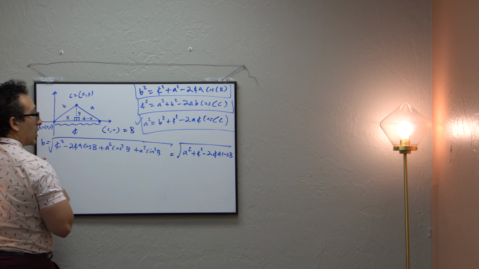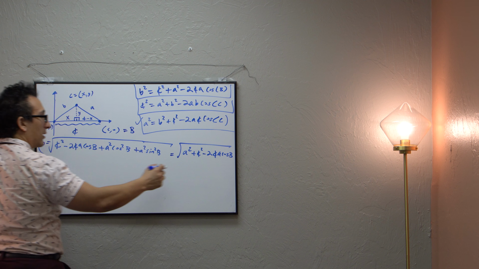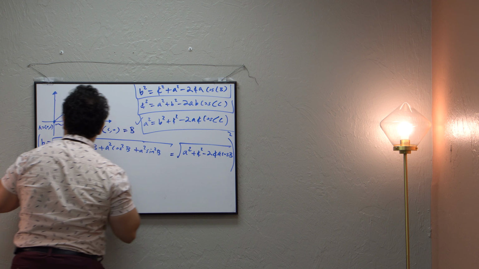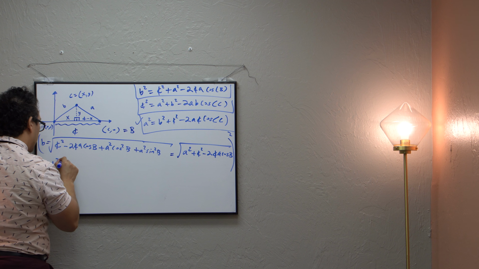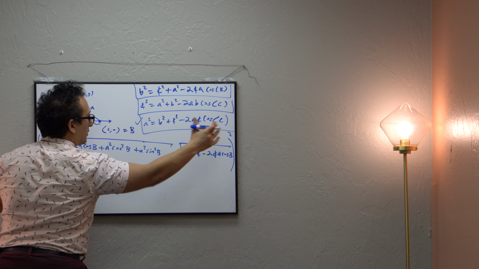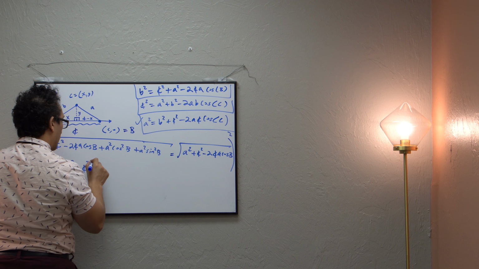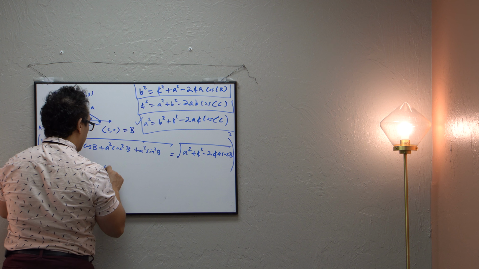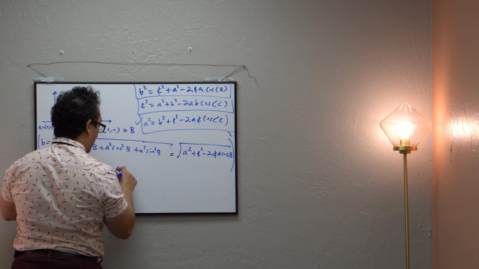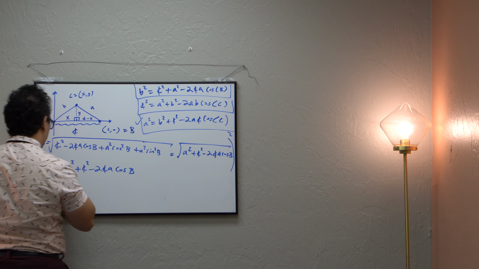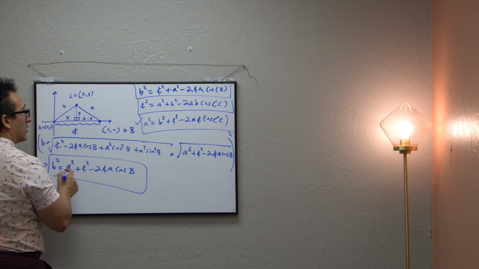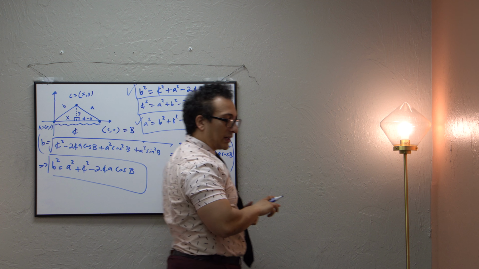Little b. So what happens when I square both sides of the equation? That implies I get little b squared is equal to that stuff without the radical on top of it. So it becomes a squared plus little c squared minus 2 little c little a cosine of capital B. Notice this is another one of the laws of cosines.